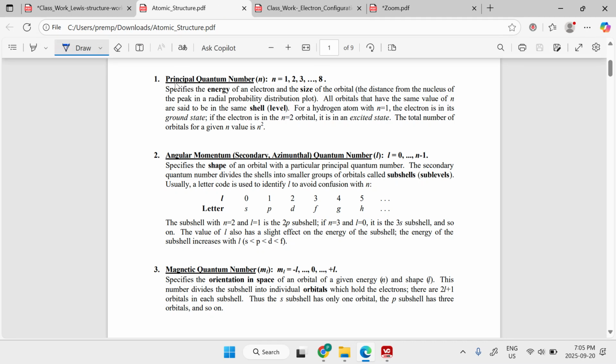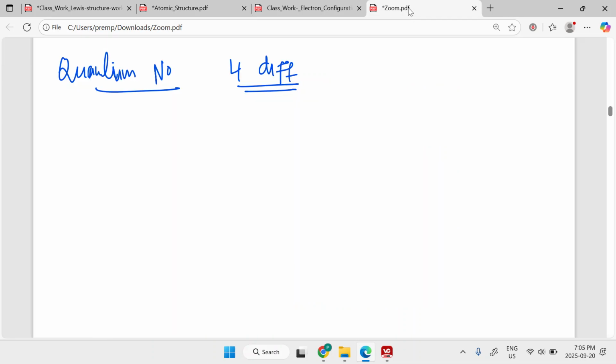So we have four quantum numbers. First one is the principal quantum number, and it is represented with the help of n, and its value is always 1, 2, 3, 4 and so on. So it basically talks about the energy level in which the electron is residing. So we have a nucleus here, then we have these, which are called energy levels.